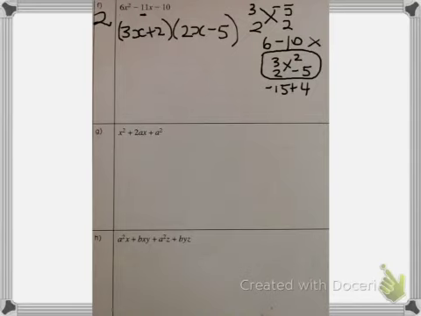For the next one, I can see that I've got an x squared and an a squared, and I've got a plus 2ax. So I've got a square number as my first term, an x squared, and I've got a square number at my end, which is what we call the constant.